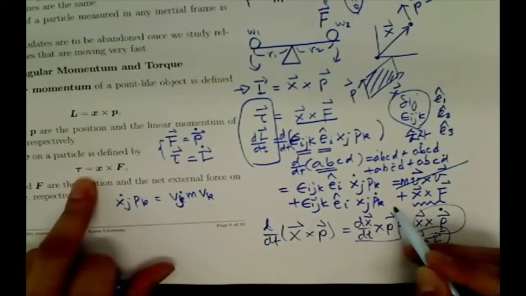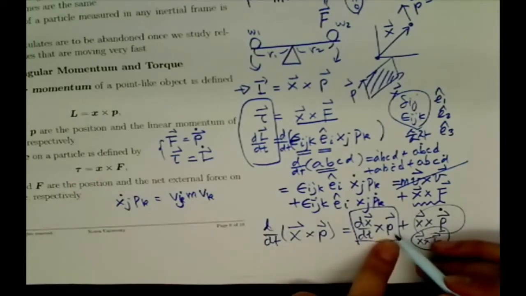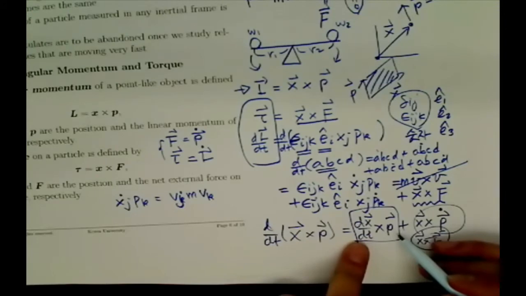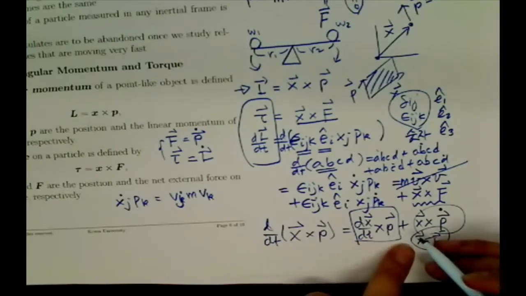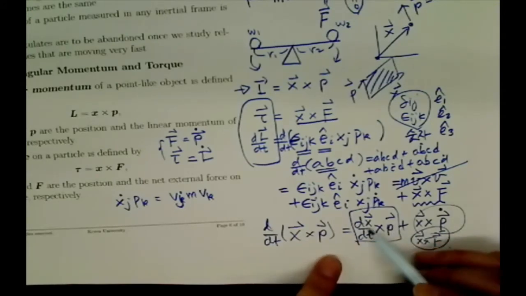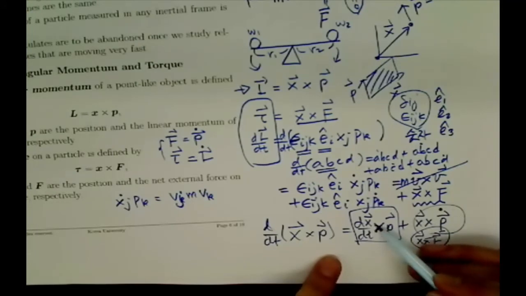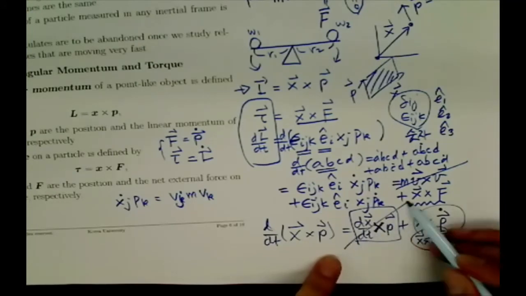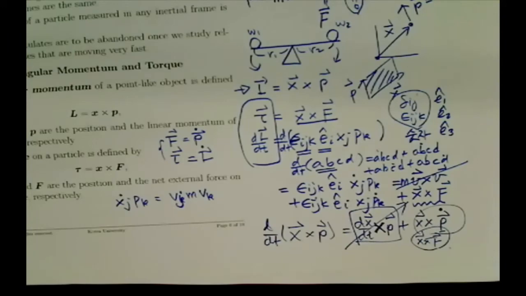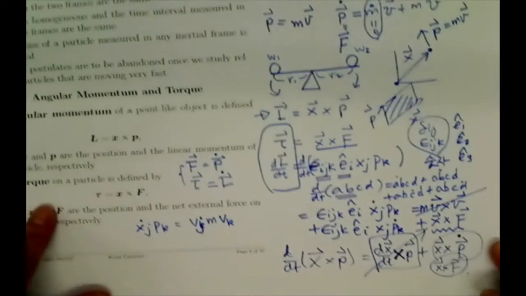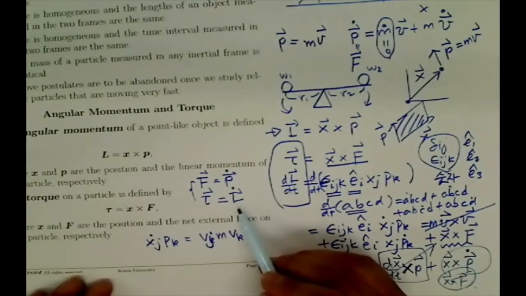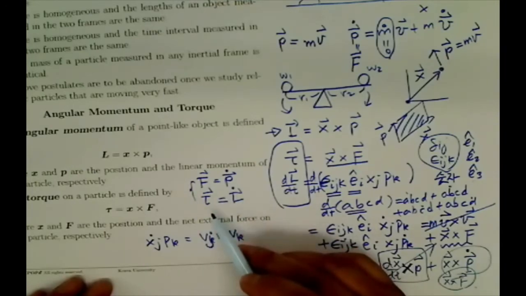But what happens to the first term? This is mass times velocity crossed with velocity. Parallel vectors, so the cross product vanishes. Therefore the total time derivative of angular momentum must be the same as the torque.